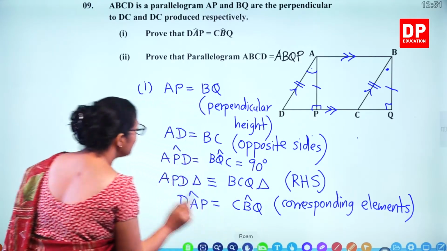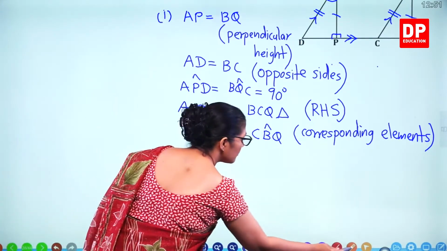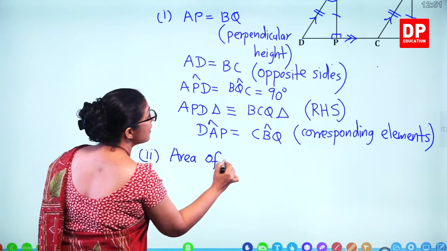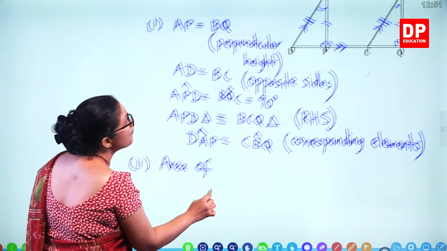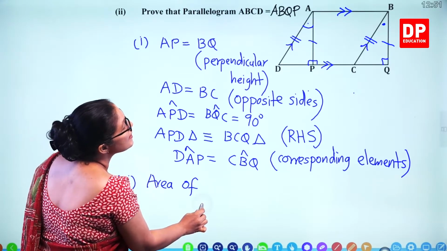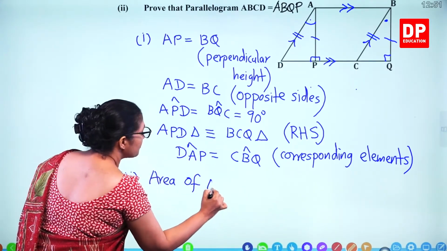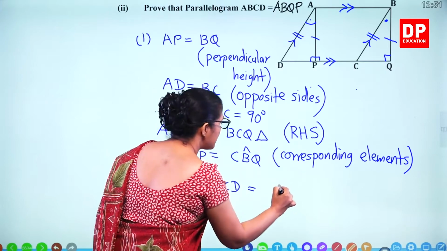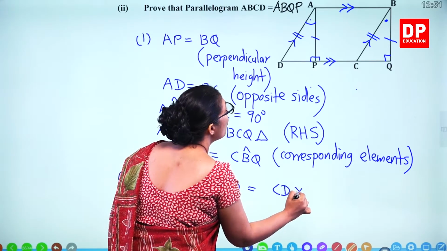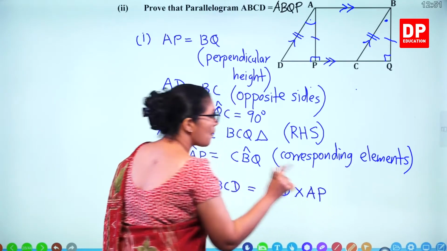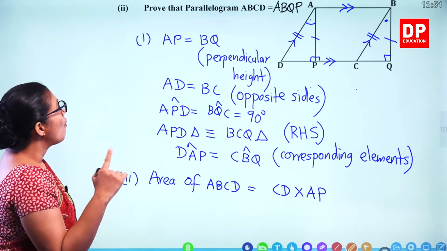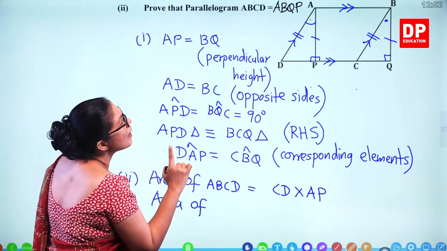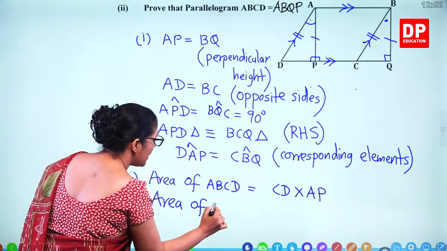So we can do that, part 2 here. Area of parallelogram ABCD is, CD is the base, we'll take CD as the base into AP. Base length into perpendicular height. What's the area of rectangle ABQP?